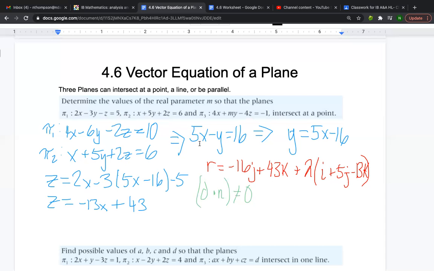So what I can do here now using this information is to say that I'm going to take this vector, so that would be 1, 5, negative 13, dot this vector here, so that one would be 4, m, negative 4, and say that it cannot equal 0. When you solve that out, you should get that m cannot equal negative 56 over 5.